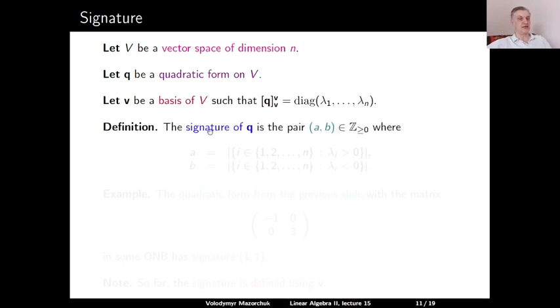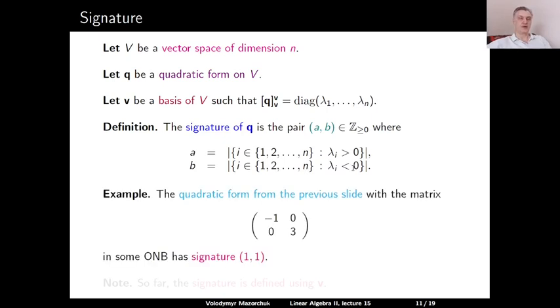Definition: the signature of our quadratic form Q is the pair (a, b) of two non-negative integers, where a is the number of indices between 1 and n for which the corresponding lambda i is strictly positive, and b is the number of indices between 1 and n for which the corresponding lambda i is strictly negative.